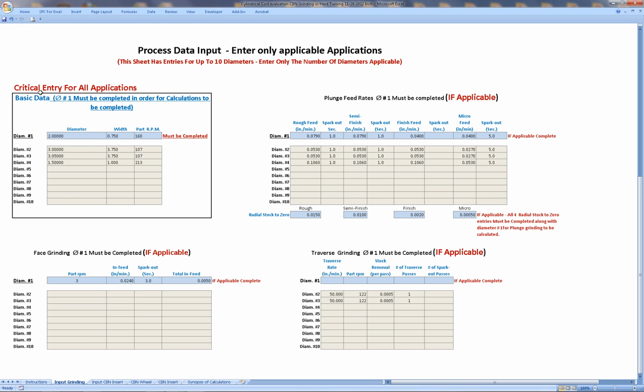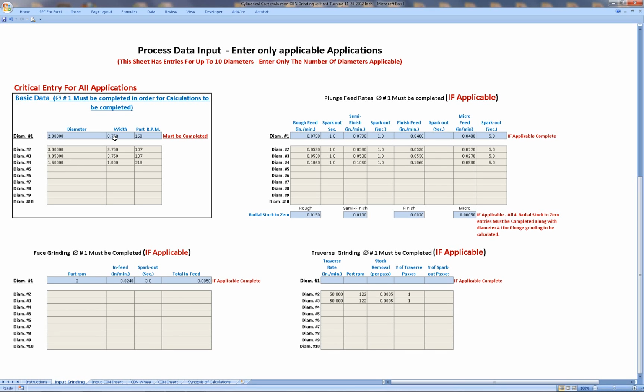The first most critical entry for all applications is diameter, width, and part RPM of each diameter that we're looking at running. In this particular case, we have chosen 4 diameters: 2-inch, 3-inch, one slightly larger at 3.05, and 1.5.